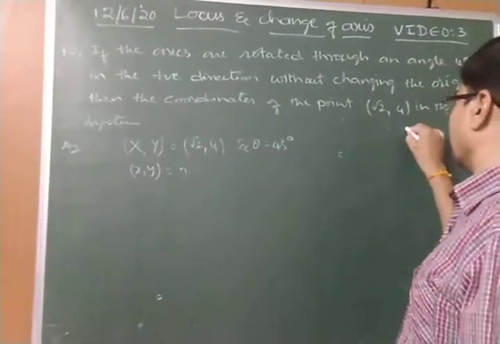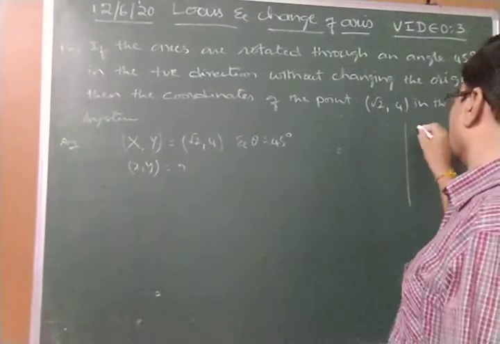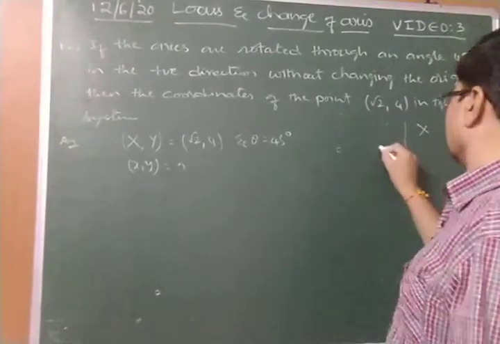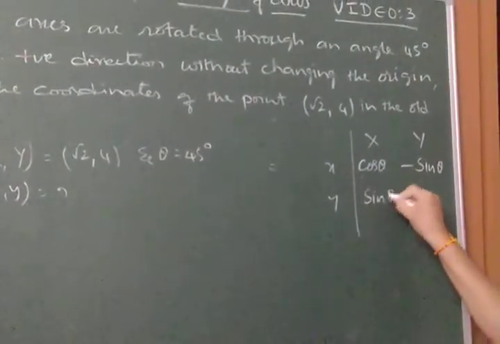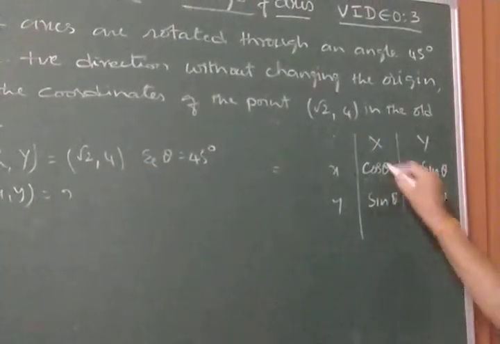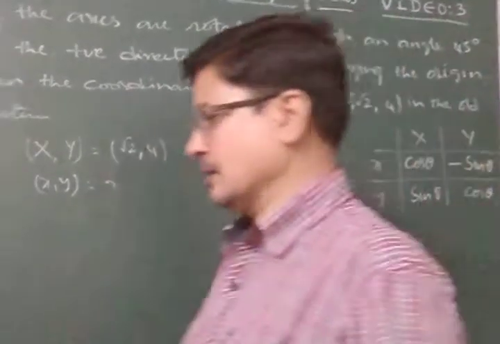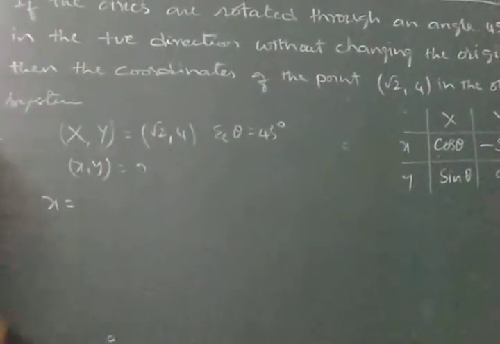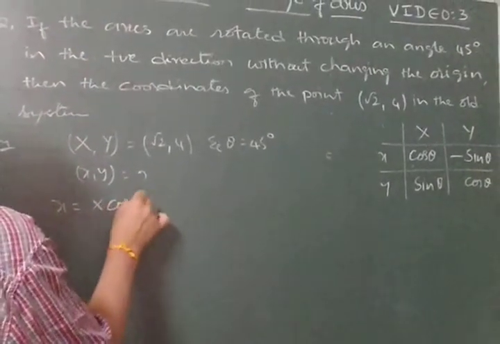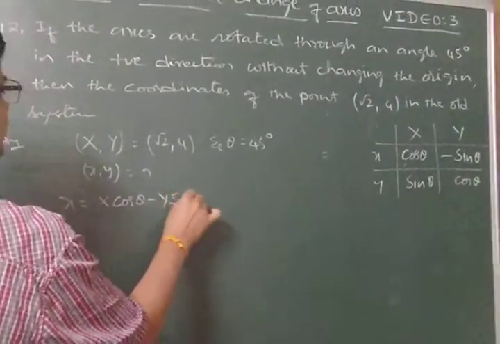Here we are applying the formula for capital X, capital Y in terms of sin theta and cos theta. We know this formula. From this formula we require small x and small y, so small x is equal to capital X cos theta minus capital Y sin theta.